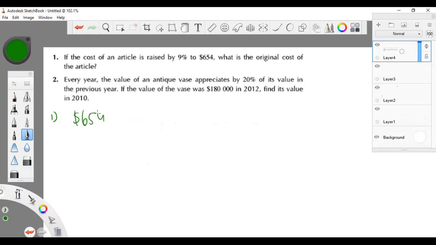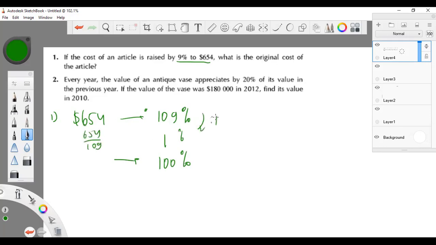So 654 is the raised cost of the article. So this is always representing 109%, right? Why? Because it's already raised. Original is always 100. Remember, original is always 100. So you put 1 here, and you put 654 over 109, right?